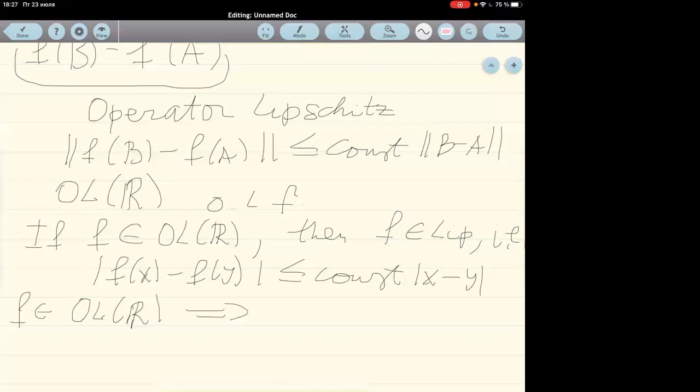If f is a Lipschitz function, then it is not necessarily true that f is operator Lipschitz. And the first example was constructed by Farforovskaya.